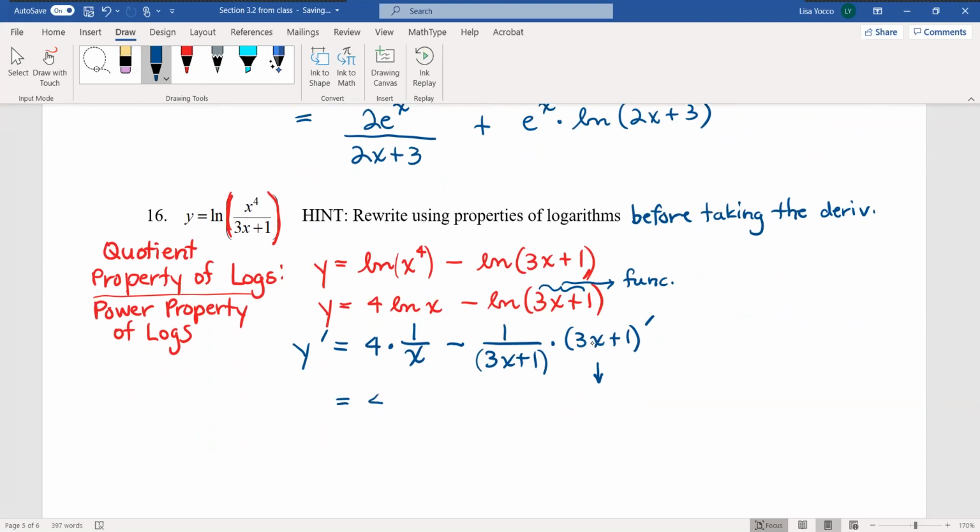All right, so I've got 4 times 1 over x, 1 over 3x plus 1. The derivative of 3x plus 1 is 3. And then the only other thing I'm going to do is put those constants over 1 and simplify the fraction.